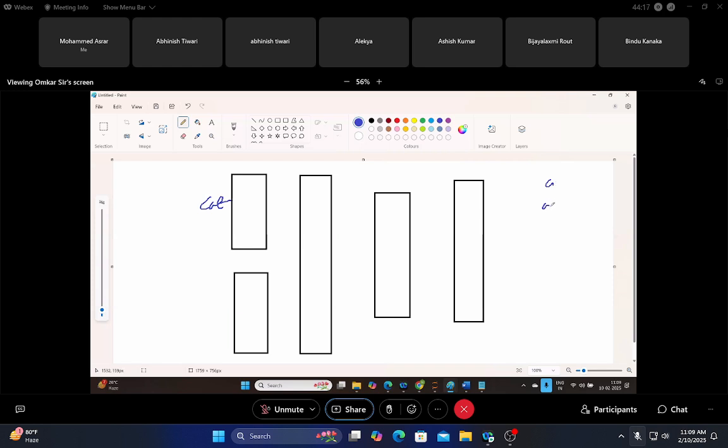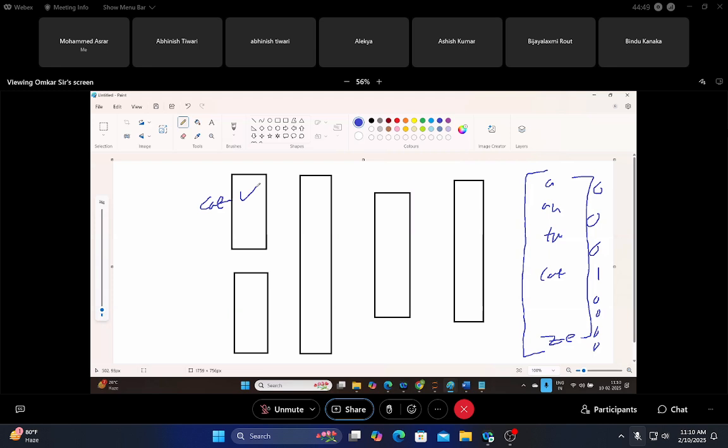Somewhere a, the, and somewhere cat is there, and somewhere last zebra is there. Imagine this is your vocabulary dictionary. Then cat means 0, 0, 0, 1 and then all zeros. So this one hot encoder you will pass here.